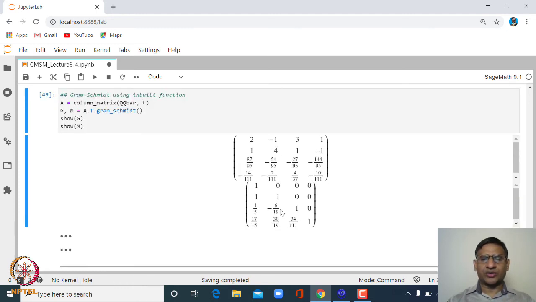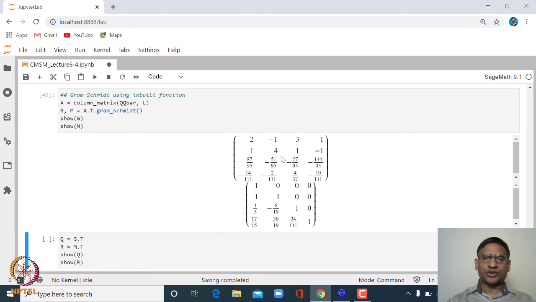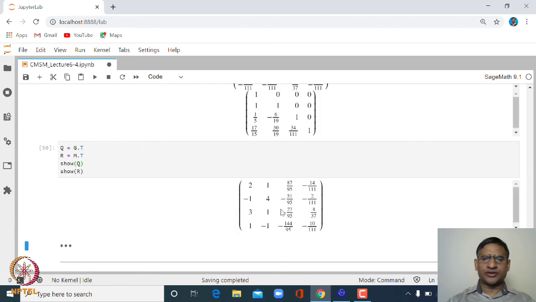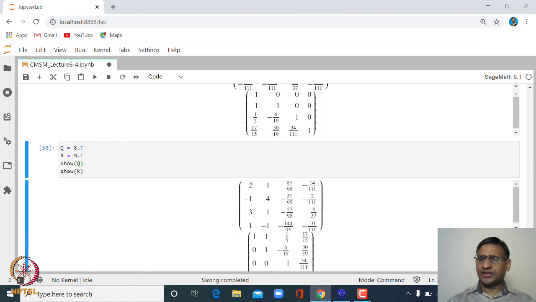So in this case this is G and this is M. M is a lower triangular matrix, if you look at it. If I take the transpose of each one of these, let us say the transpose of this, define this as Q, and the transpose of this define as R, then this is what we get, these are the transposes.